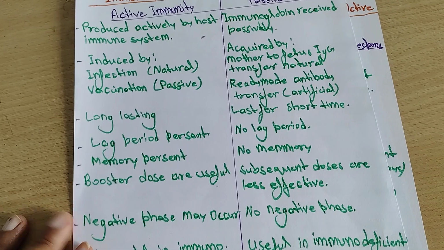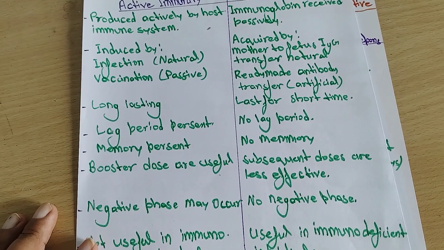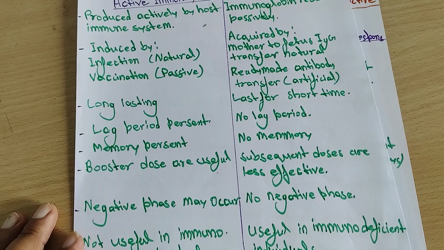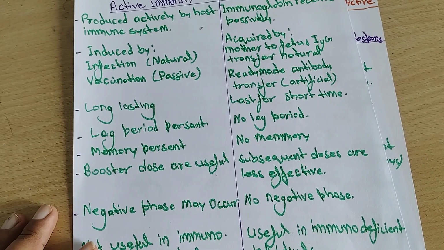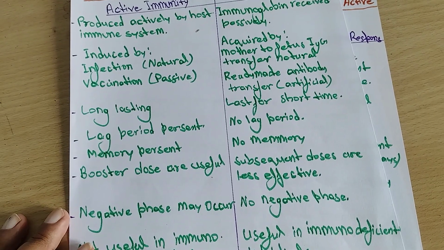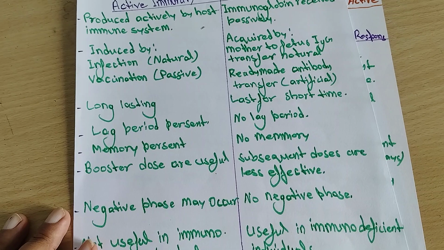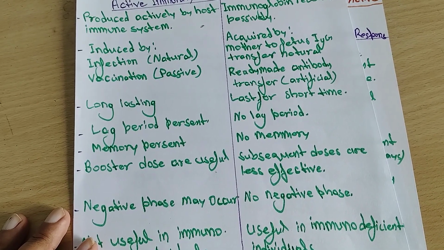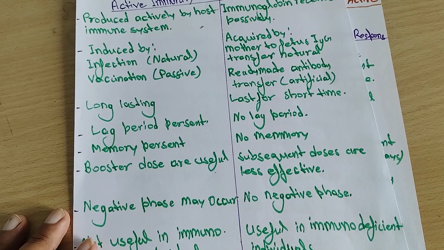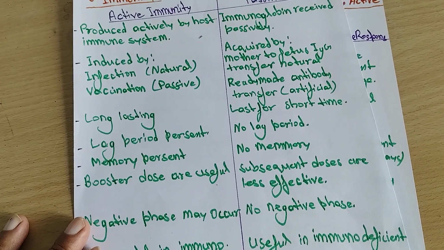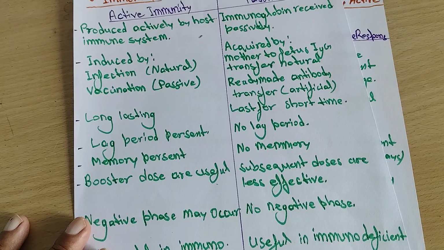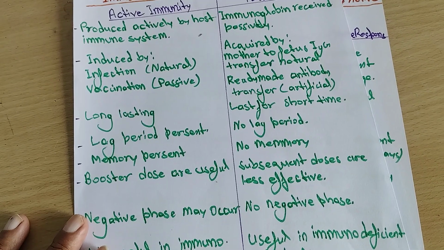Negative phase may occur in case of active acquired immunity. It takes place only in the secondary response condition, because after the primary response, some antibody has formed and remains in our blood and body fluid.